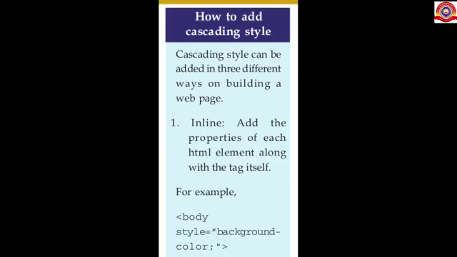The last and very important portion is about cascading styles. Cascading style can be added in three different ways when building a web page. First one, inline. That is, add the properties of each HTML element along with the tag itself. For example, if we want to give a background color, we can give it in three ways.